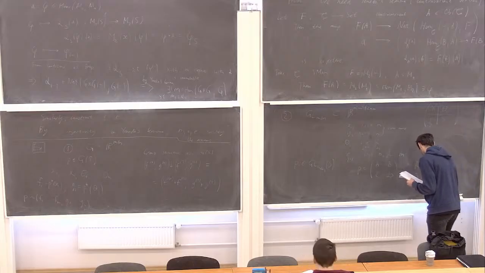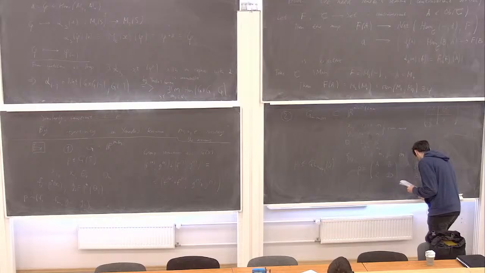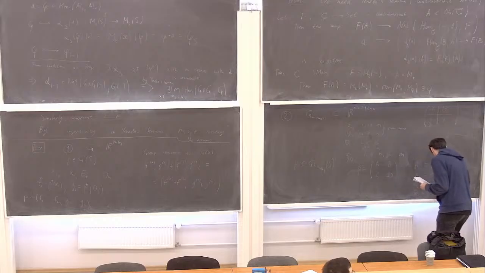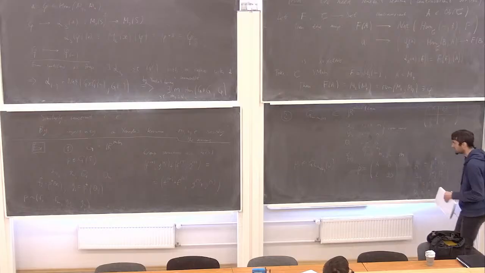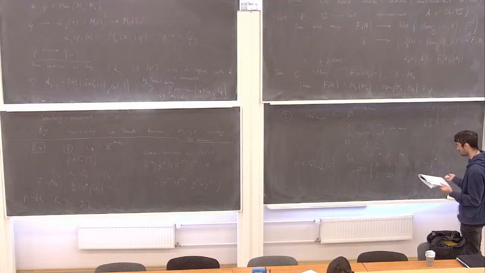C_ij is P star of psi_ij, and D_ij is P star of y_ij. So each point is such a matrix of sections, really. Then for the multiplicative structure, I just multiply matrices.